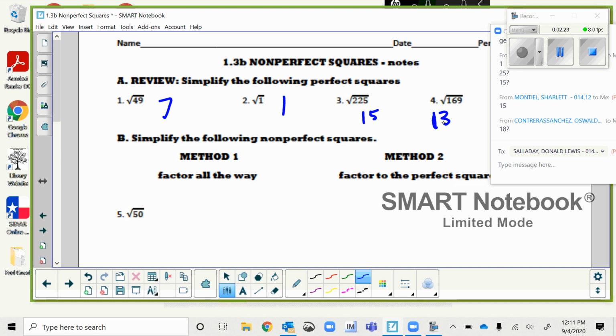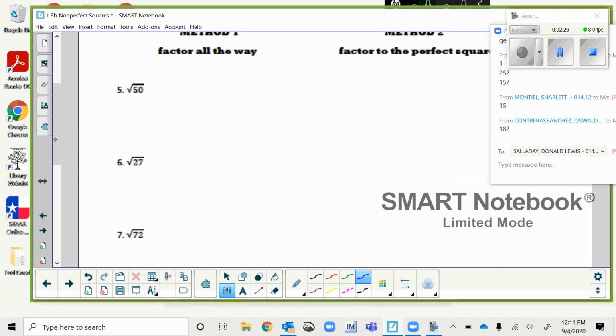So for this first one, we're going to do the square root of 50. And you probably remember in the past doing a factor tree when you're trying to do square roots, right? To factor means to break a number down into the other numbers that multiply together to get the original number.